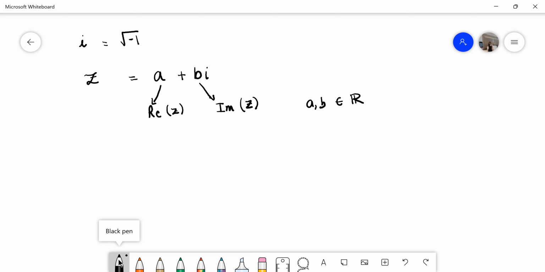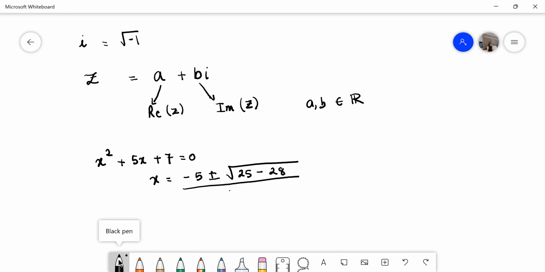Now, how did the imaginary complex numbers first come into being? Let's say we take a quadratic equation, x squared plus 5x plus 7 equals 0, and we try to solve it. So x will be equal to minus b plus or minus the square root of b squared minus 4ac, over 2a.